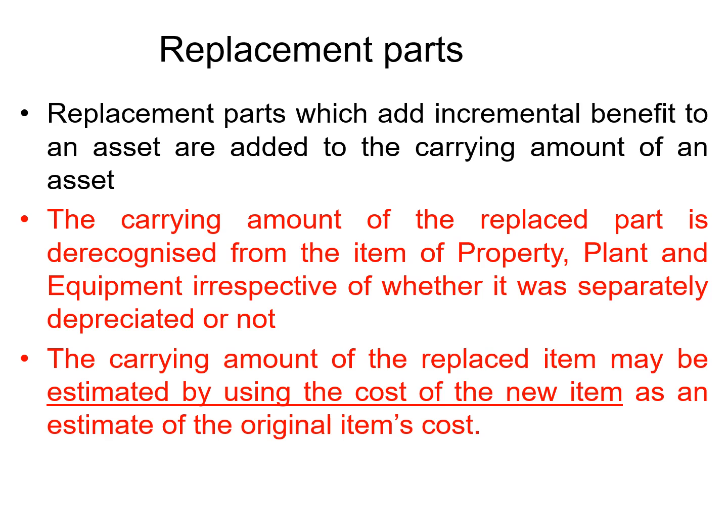And the standard says the carrying amount of the replaced item may be estimated by using the cost of the new item as an estimate of the original item's cost. So the motor that I'm replacing is going to cost me $10,000, for instance. And the one that was there was already 5 years old and would have lasted me 8 years.